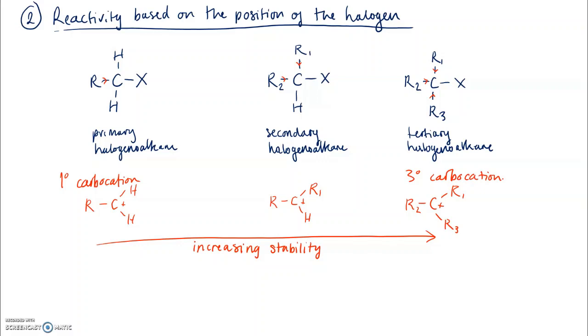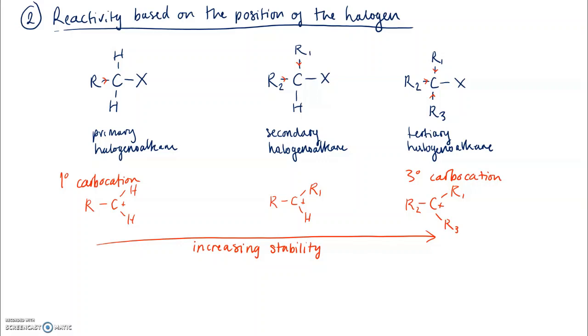Now, as you remember, with the mechanism of electrophilic addition, the more alkyl groups you have attached to your carbocation, the more inductive effects are contributed towards that carbocation. So the more electron density is pushed towards it, the more the positive charge is spread out within the species, and the more stable that species will become.